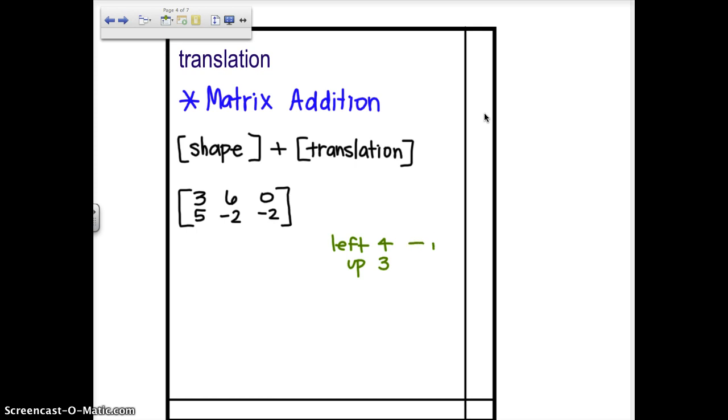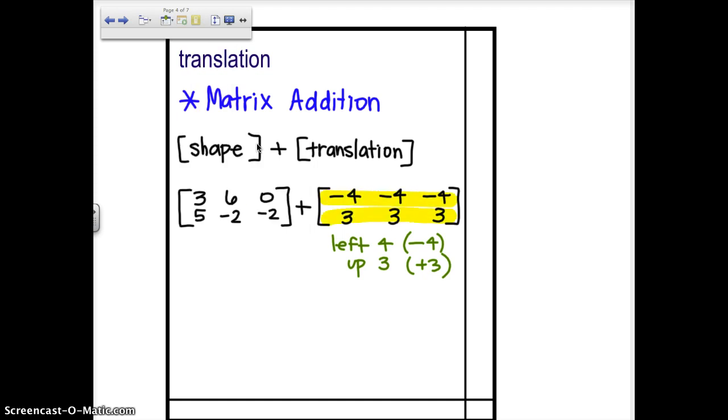Okay, so we know minus 4 and plus 3. Right, we know that that's how it'll work with an ordered pair. So what we're going to do is set up a matrix that does that for us. All of the x's are supposed to move to the left 4. All of the y's are supposed to move up 3, plus 3.